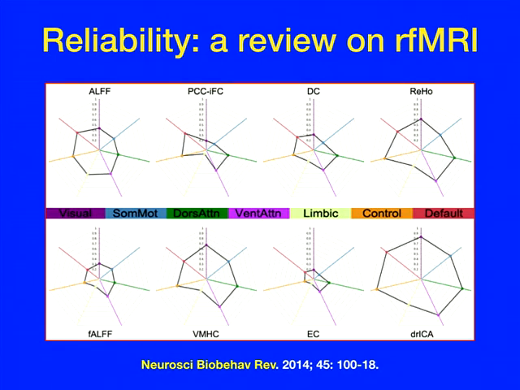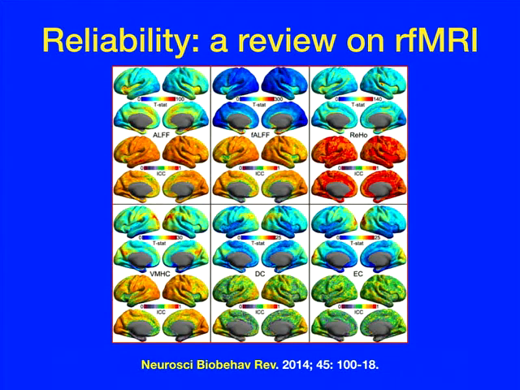And this inter-hemispheric connectivity is also good. But what happened to this? People commonly keep using seed-based functional connectivity, and their reliability is really not good. This is why I want to show this here.